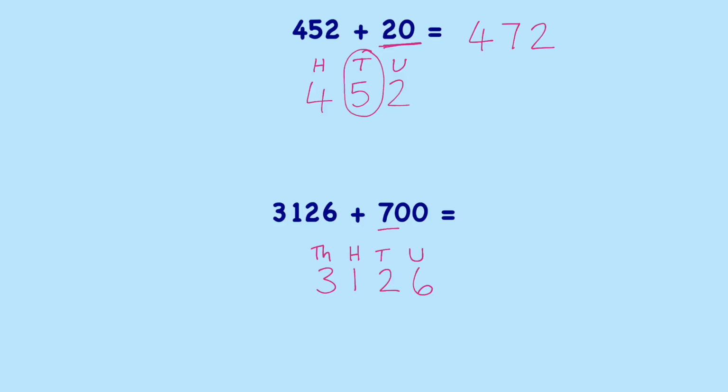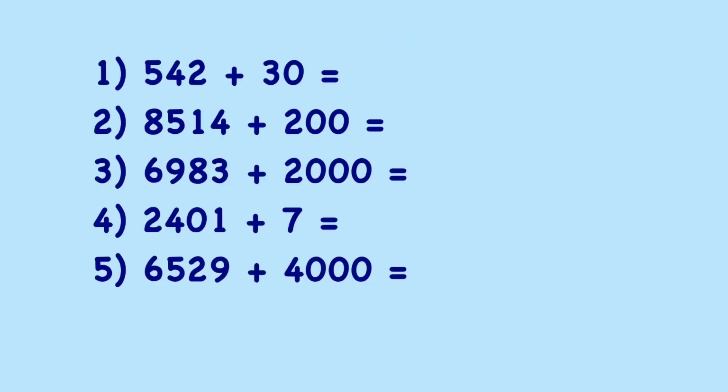Now I'm adding 700, so that means that the only digit that's going to change is this one here. Everything else is going to stay the same. So I can see that if I'm adding 700 to 100, then my answer is going to be 3,826.